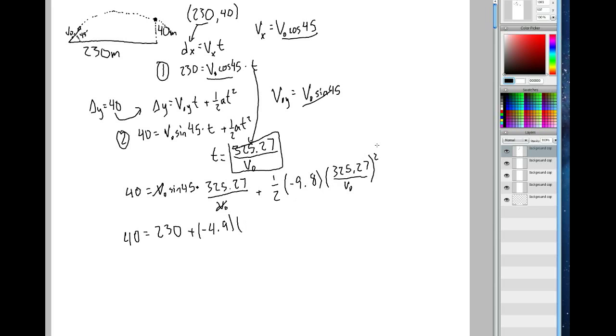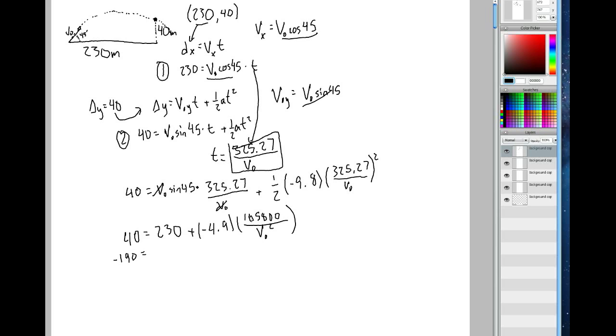Let's see, 325.27 squared is going to be 105.8, and then double 0. That'll be enough sig figs for us. And then over, I got to square the V naught as well, so it's V naught squared. So now I can subtract 230 from both sides. So 40 minus 230 is going to give me negative 190.